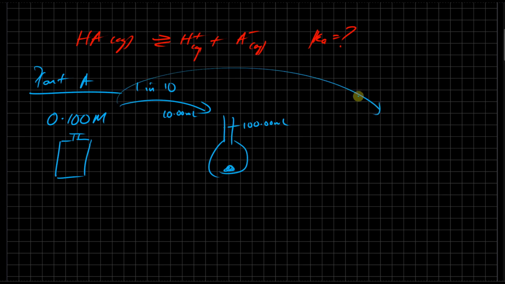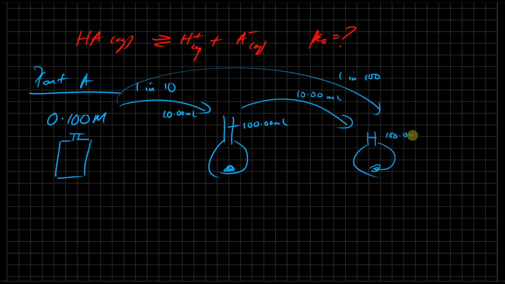If I want to make a 1 in 100 dilution, I don't need to take 1 milliliter and dilute it to 100 milliliters. I could also just take 10 milliliters of this 1 in 10 dilution and dilute that up to 100 milliliters.